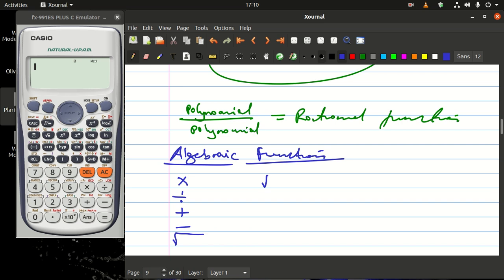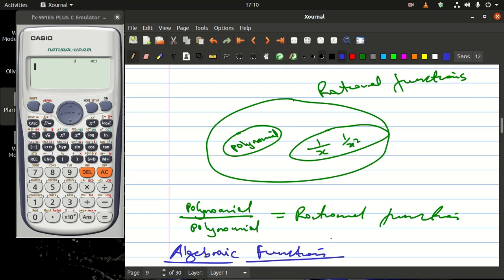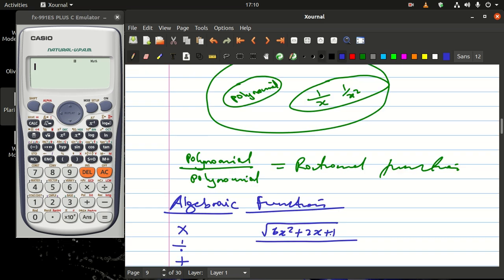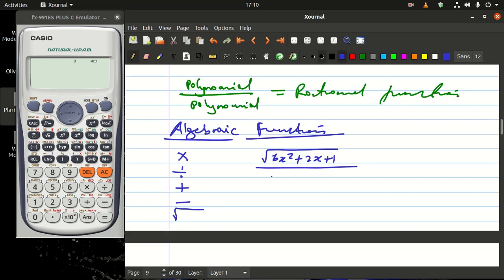Let me take an example. So I have 2x squared plus 3x plus 1.